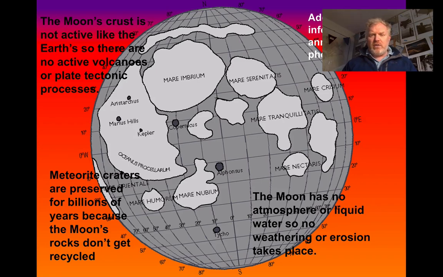The moon hasn't got any atmosphere or any liquid water on the surface. So the surface we see is actually one that's been frozen in time over a very, very long period. As a result, we see, if you like, a snapshot of perhaps what the early Earth looked like.